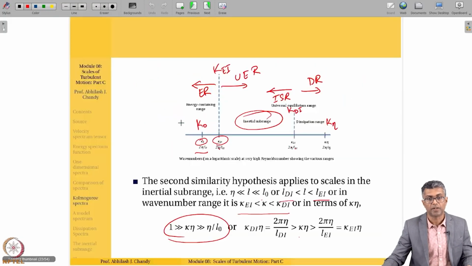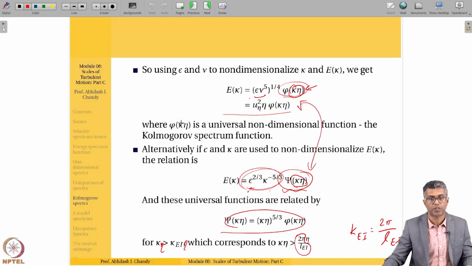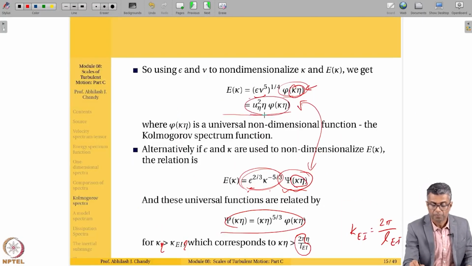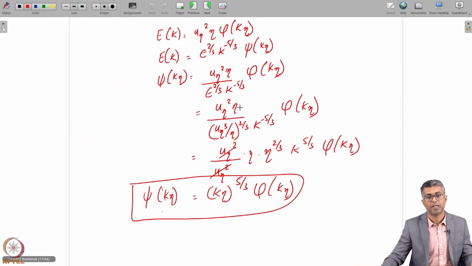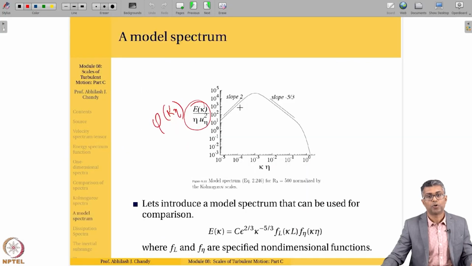We had this earlier when we wrote the energy spectrum function. See? And what I'm doing here is I am plotting essentially psi of kappa eta, which is going to be a universal function, isn't it? So that's what I'm plotting: E of kappa divided by U eta squared eta. So if I do that, this is the formulation that I get. And this is a model spectrum.